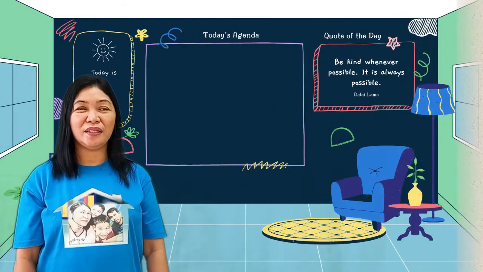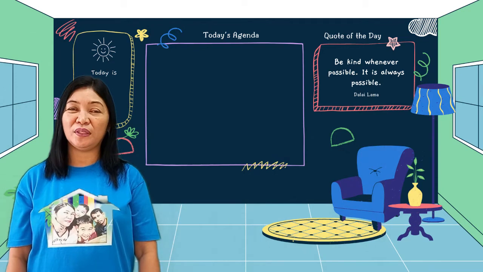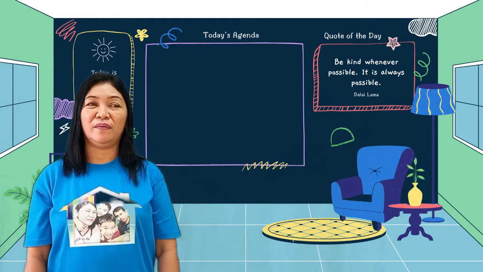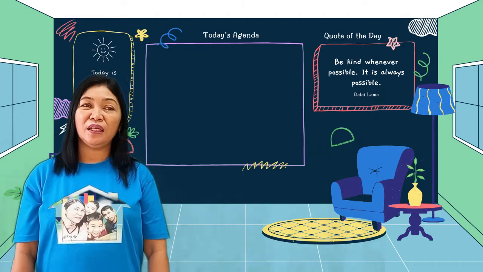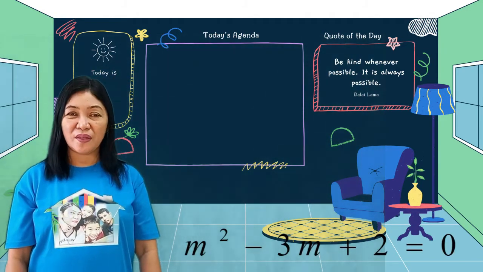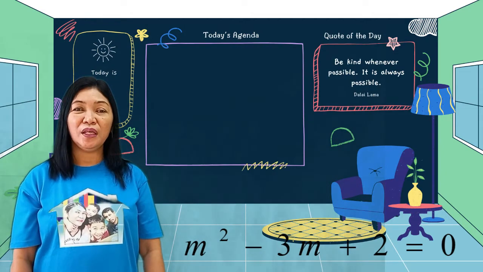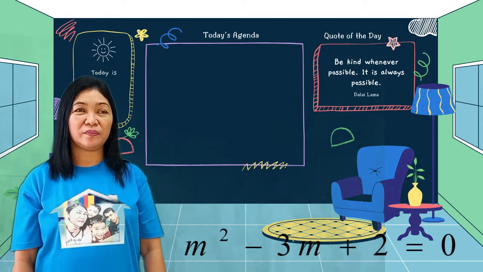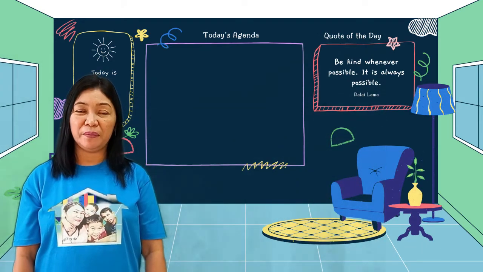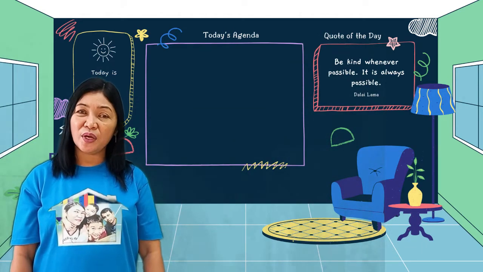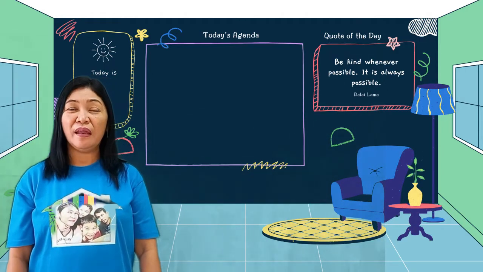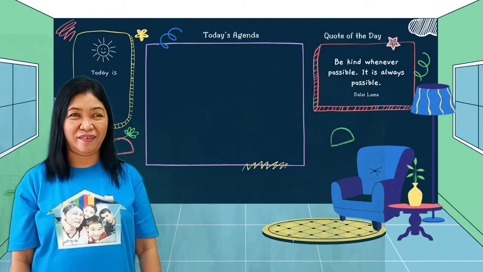Let me illustrate another example in solving quadratic equation in one variable by completing the square. The given quadratic equation is m squared minus 3m plus 2 equals 0. Although the given quadratic equation can be solved by factoring, let's try if we can also solve this by another method like completing the square.